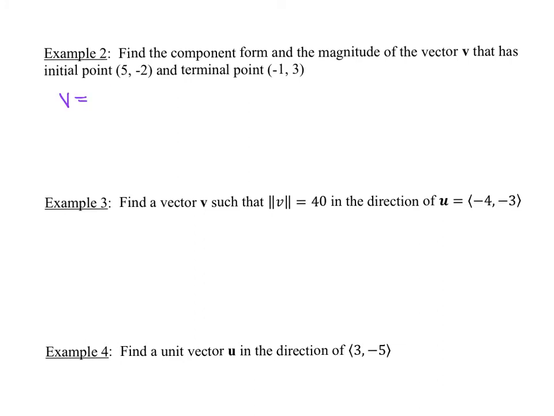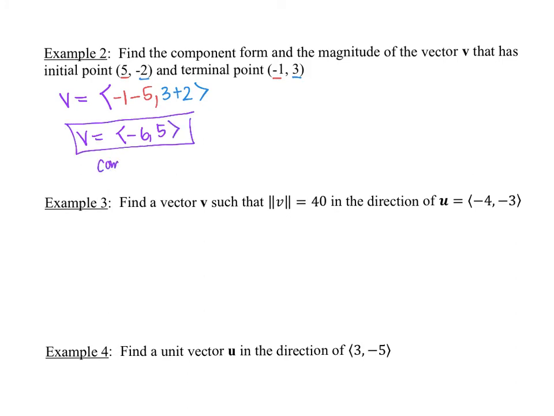In component form, I use the pointy brackets. So in the x direction, terminal minus initial. And then the y direction, terminal minus initial. So in component form, it's -6, 5.